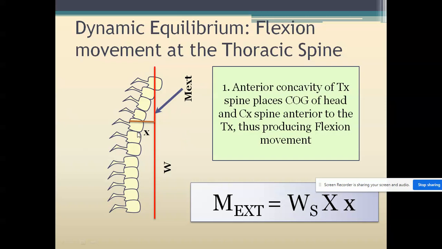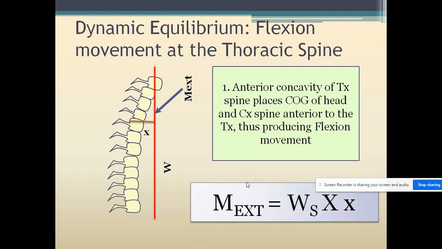The externally produced flexion movement is equal to WS, that is the weight of the head, shoulder, and arm, multiplied by the moment arm, the straight perpendicular line drawn from that particular vertebra to the LOG, that is your line of gravity. This is nothing but the moment of the external force.